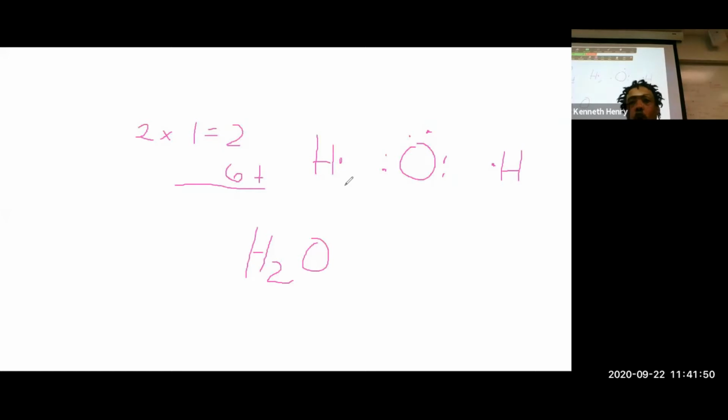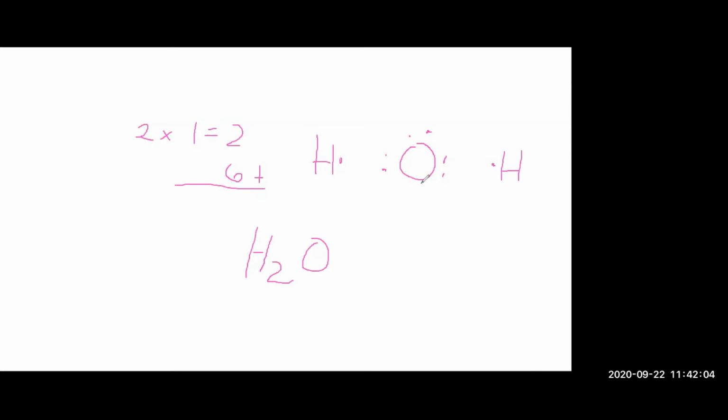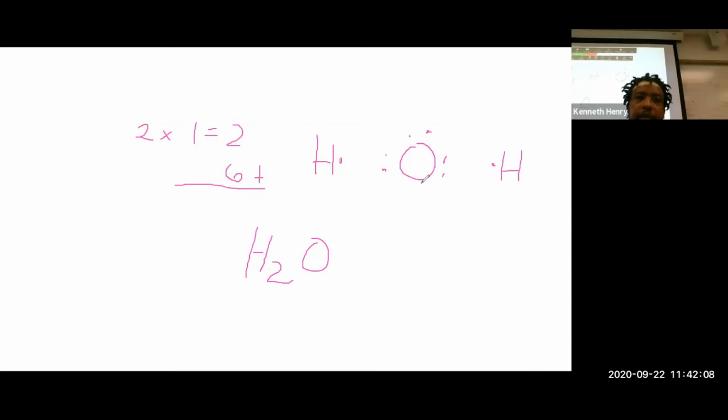So hydrogen always wants just 2 electrons. It will not have more than 2 electrons. Hydrogen will never be a center atom. So in this case, since you have 2 hydrogens, who's going to be the center atom? Oxygen, yes.